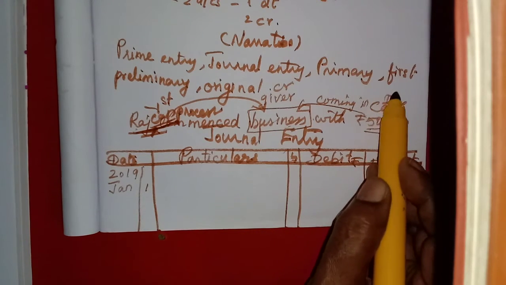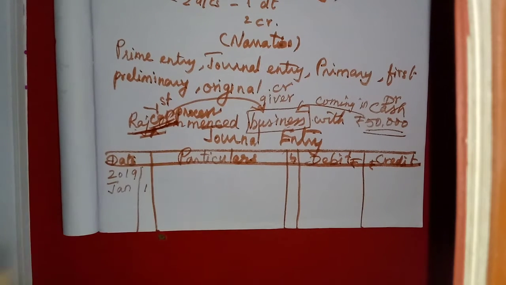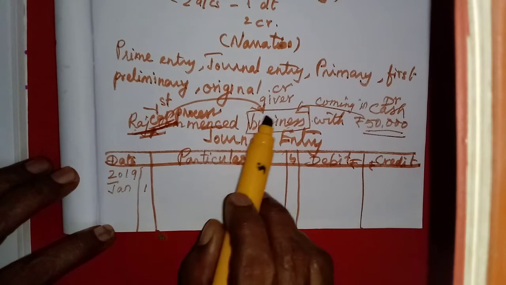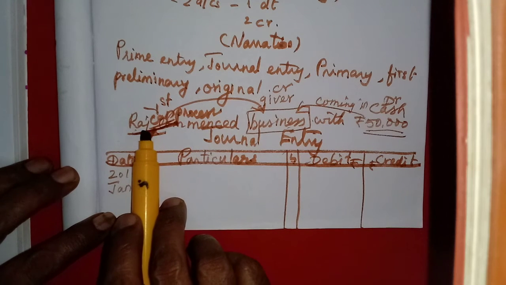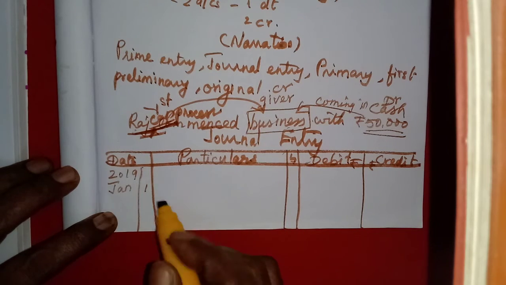Cash is coming in, so we should debit. From the viewpoint of the business, don't think of Raj capital; he is the giver. You may not think from the viewpoint of that person. From the viewpoint of the business, we should enter the journal entry.